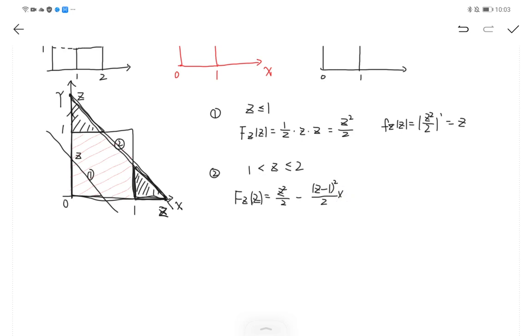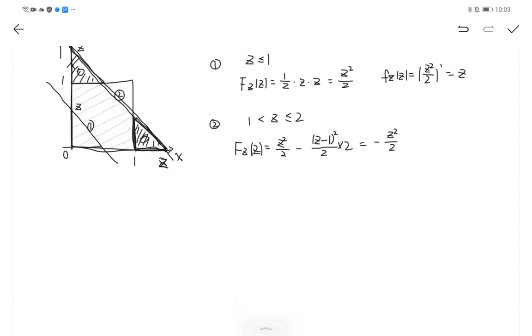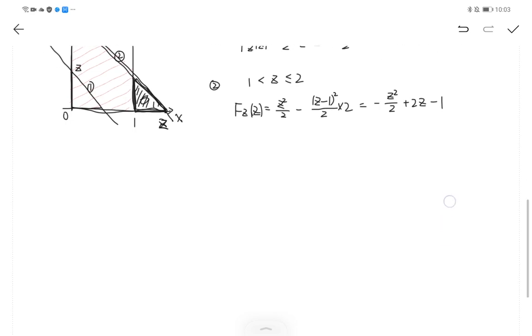We multiply by 2 because there are two small triangles. So that equals minus z to the power 2 over 2 plus 2z minus 1. So the density function is minus z plus 2.